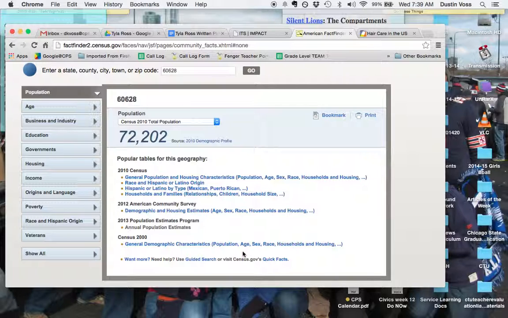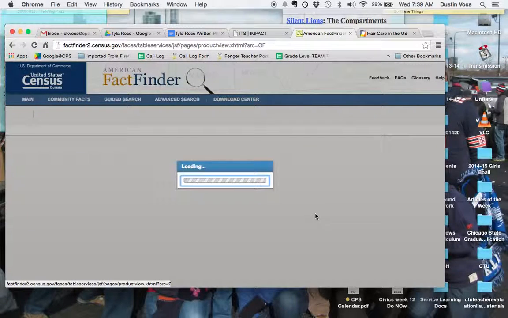Now, I need to know what kind of age is she going for? What kind of race is she going for? I happen to think that she's targeting probably all women, and probably all women old enough to go into the store or go online and order a product like this.